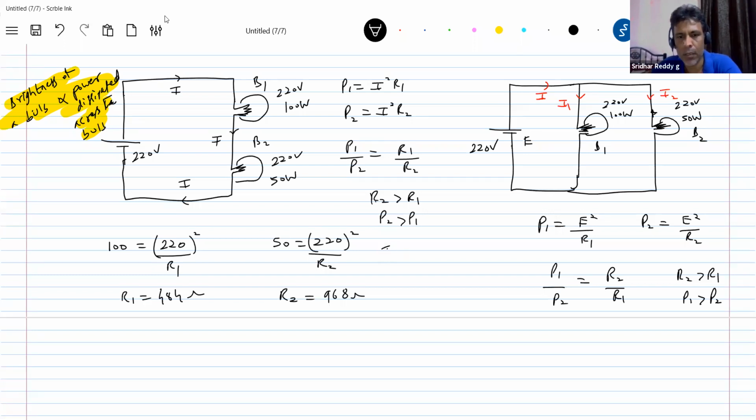In series, bulb 2 will have more brightness. Here bulb 1 will have more brightness.